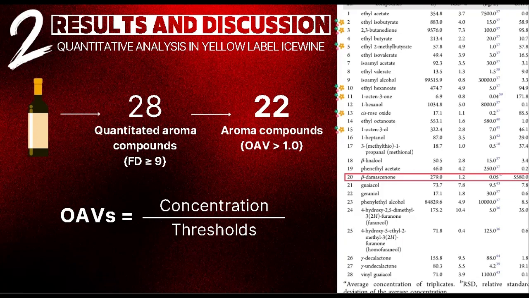Then the concentration would be used to calculate the odor activity values, or OAV, with the thresholds. However, since no reference for thresholds of these aroma compounds in an ice wine matrix exists, this calculation was just an auxiliary approach to understand the contributions of different compounds. 22 of these odorants were further verified as important odorants in Vidal Icewine with an OAV of more than 1.